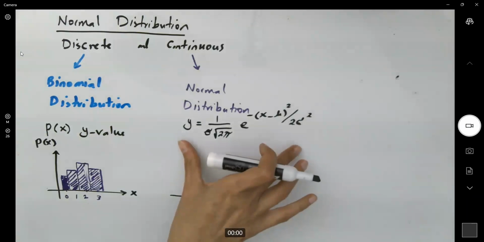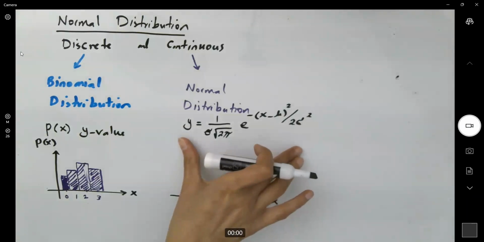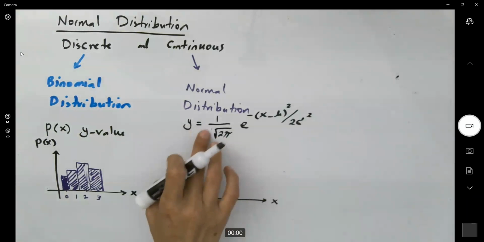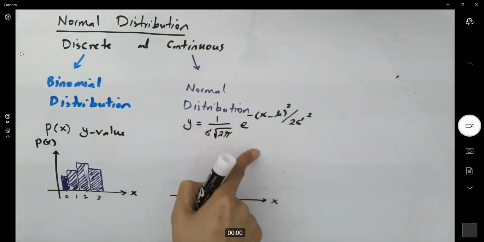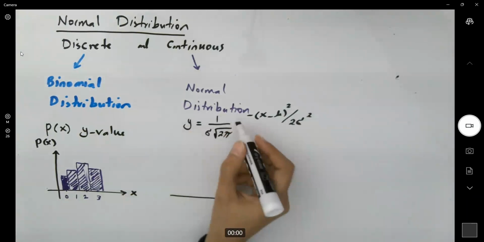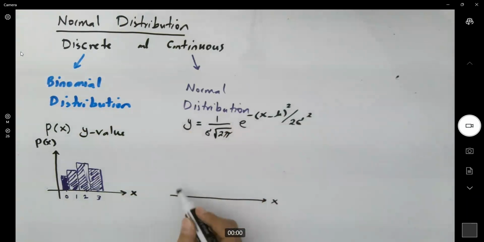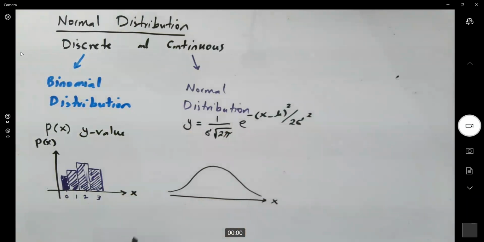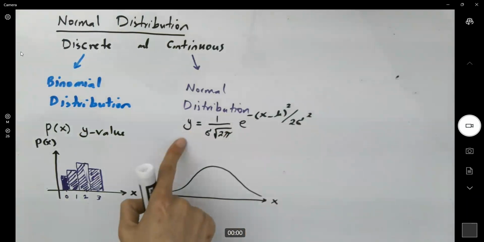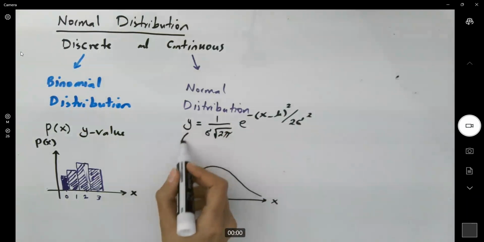This is your y value. You get an exponential function, and the graph is like this.